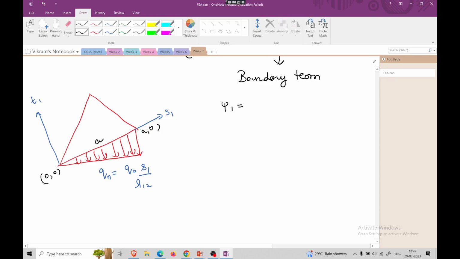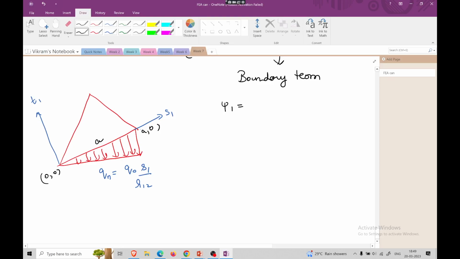We already derived psi 1 minus s by a, so here psi 1 will be 1 minus s1 by a, psi 2 will be s1 by a, psi 3 will be 0. So simply I have to calculate each q1. Q1 is equal to, again similarly, the integral will be only from 1 to 2 because for the other two there is no boundary source.